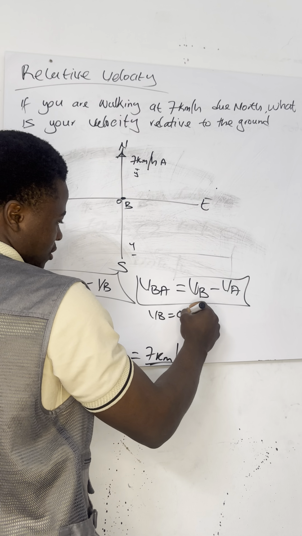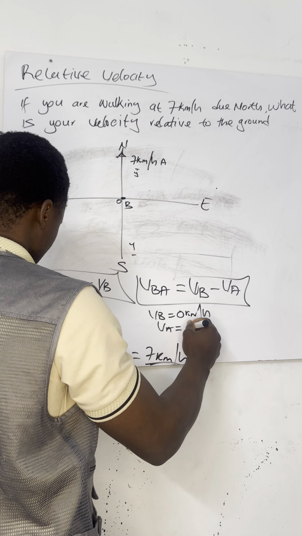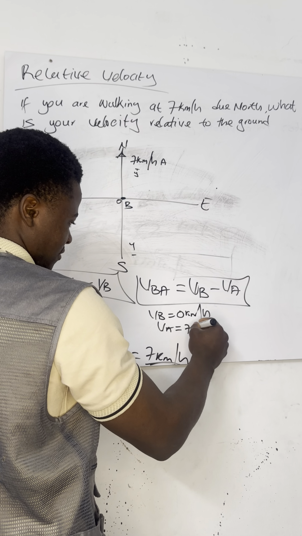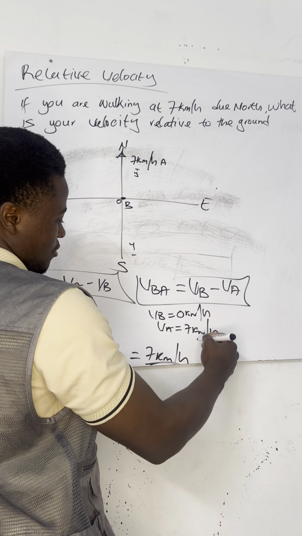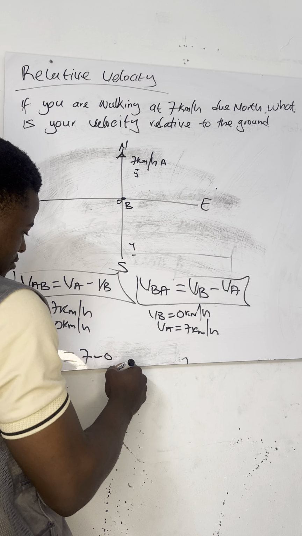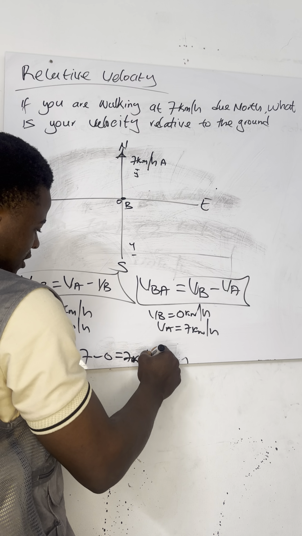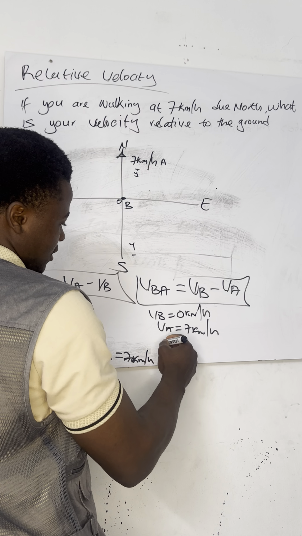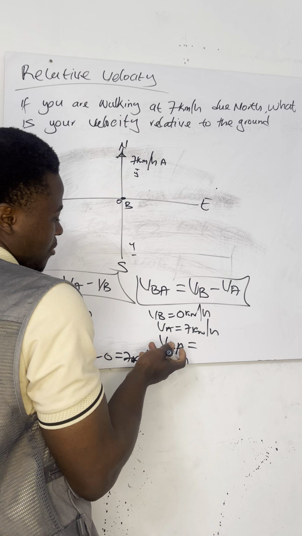VB is equal to 0 kilometers per hour, and VA is equal to 7 kilometers per hour. So you are going to get 0 minus 7.